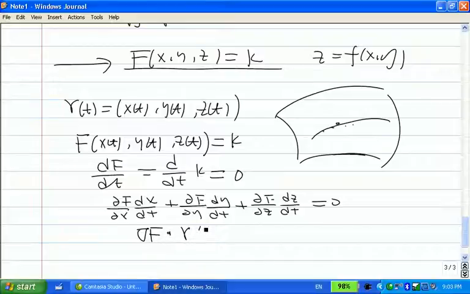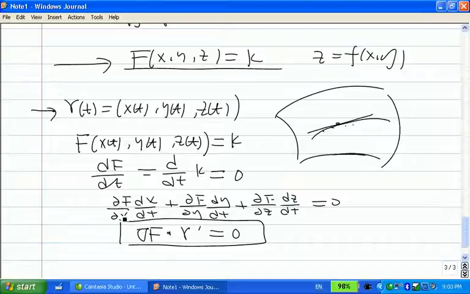This is r, and r prime is the derivative, equal to 0. What is r prime? r prime gives you the direction of your tangent line. So this equation means what? Your gradient F is perpendicular to the tangent direction of this curve.